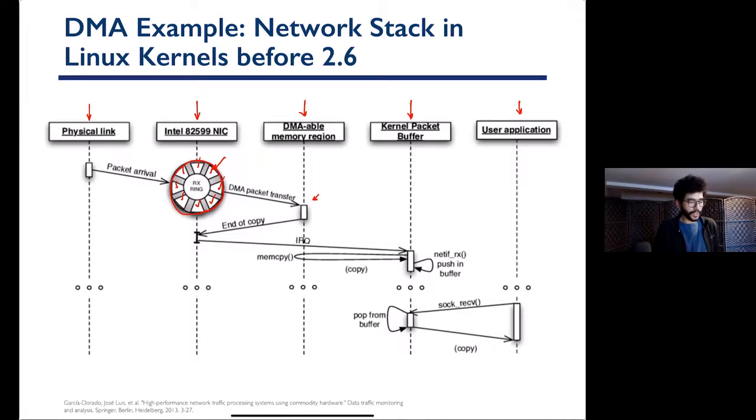Now we start running. Let's say a packet arrives. We look at the ring. We say, okay, we're here at this ring. It has an address. So we start the DMA transfer to the DMA-able region. Once it's done, an IRQ happens. This is an interrupt. The device, the NIC, interrupts the kernel. Now the kernel knows the data is here in the DMA-able region.